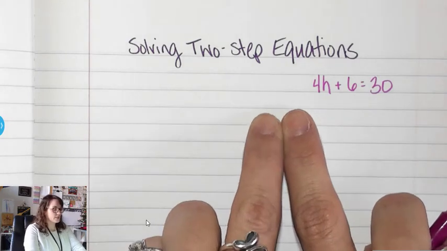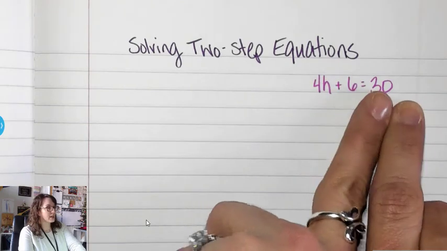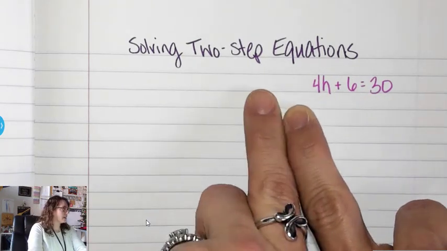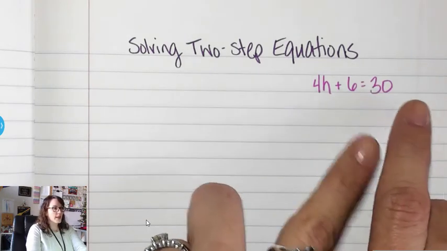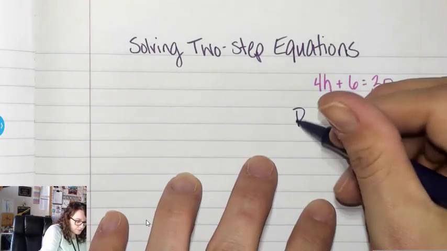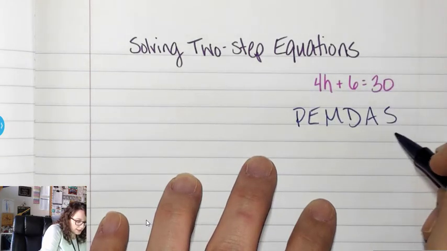I always think of this as when I'm working out the equation, like when you do what it says, you're tying a knot. We have to backtrack and undo everything they did to figure out what the missing piece is. So we're working backwards. When we work backwards with equations, if you remember from 6th grade, when it comes to PEMDAS, we go this way.